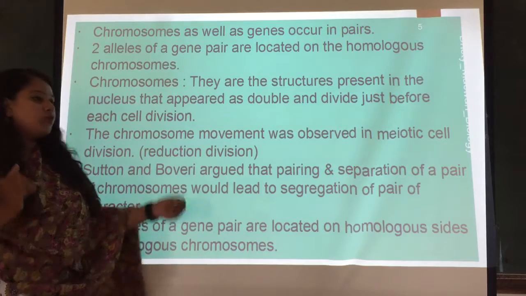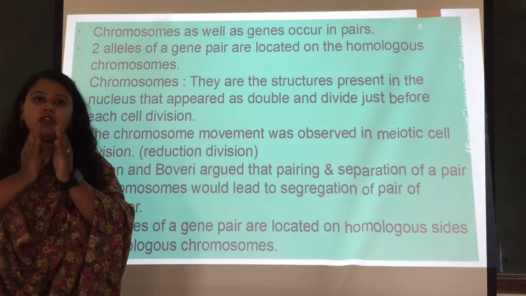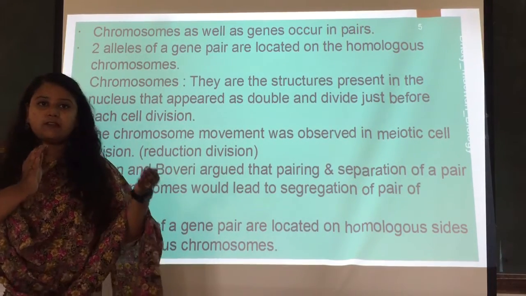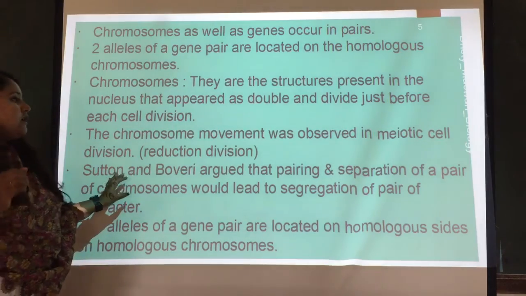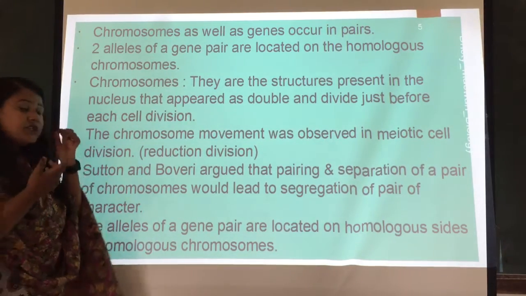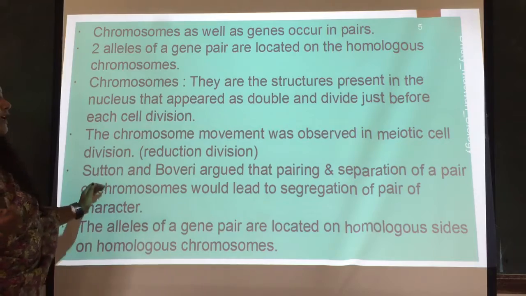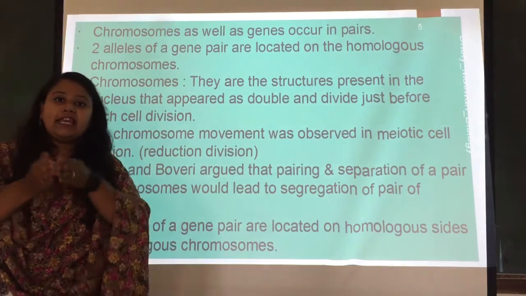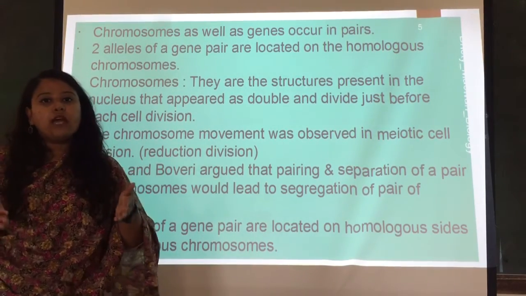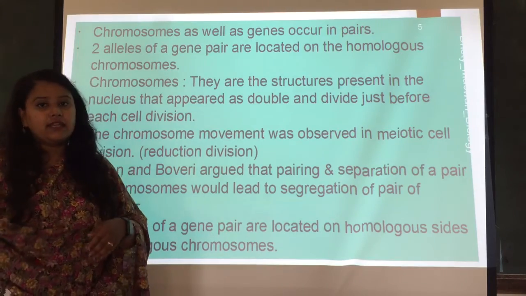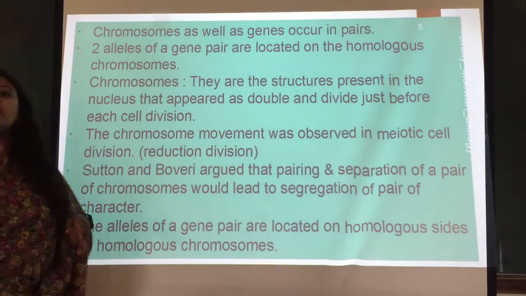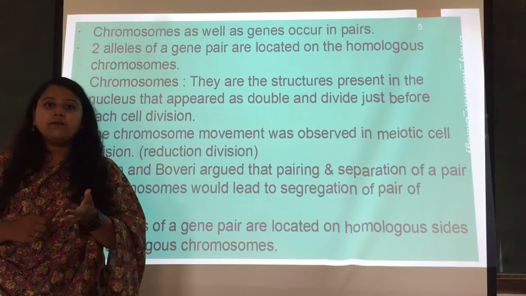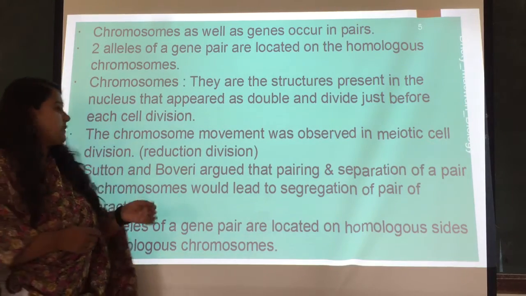Say, for example, the chromosomes are present in pairs. Now if one of the pair is detached from it, what happens? It creates a deficiency, right? So when a pair is segregated, the genes are also segregated, and for this reason a particular character expressed by that particular gene is not expressed.